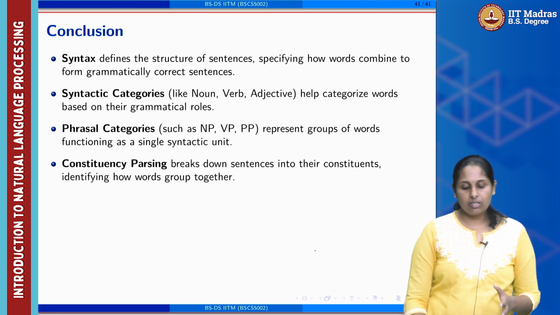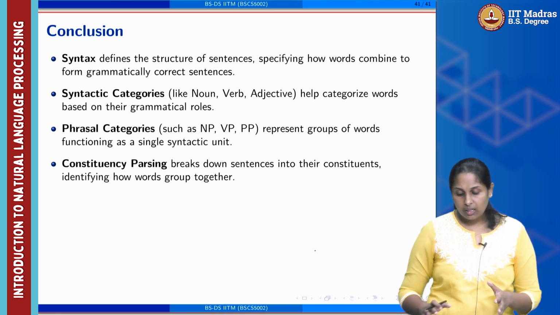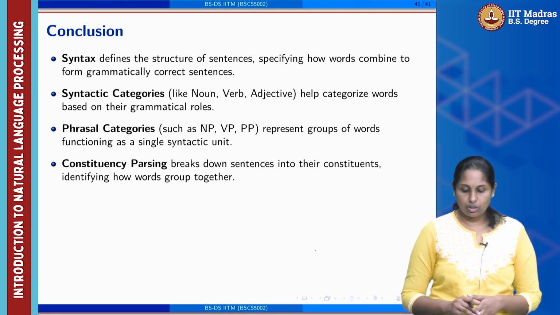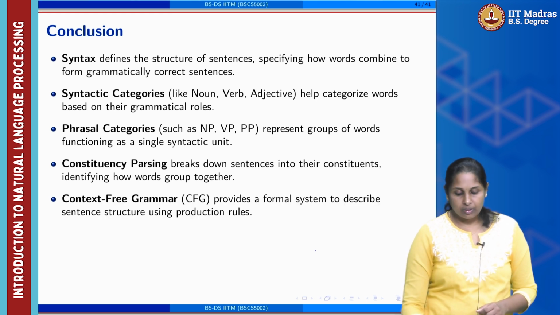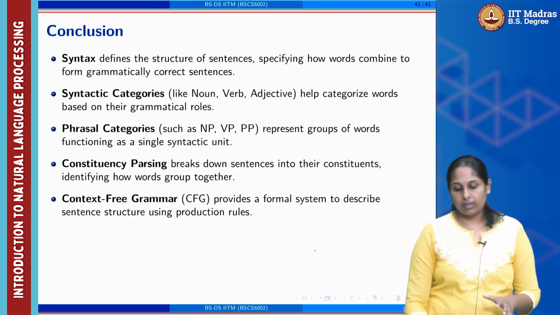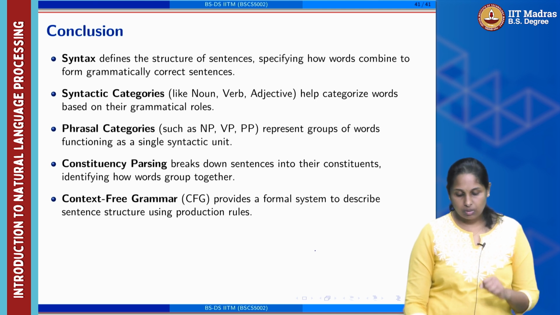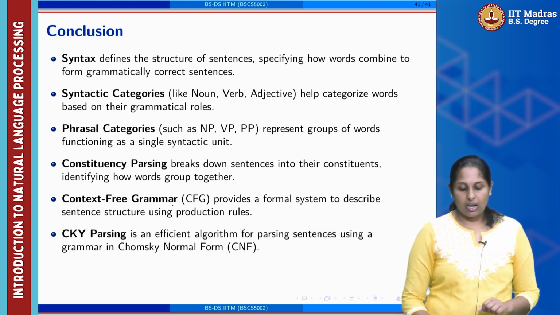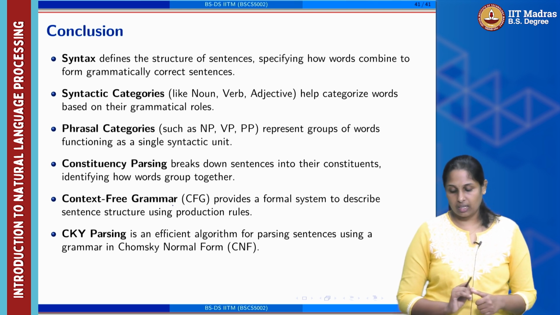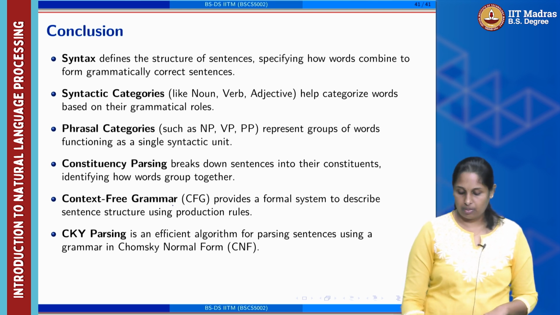Constituency parsing helps us break down sentences into their constituents so that we identify how words are grouped together. Context-free grammar gives us a formal system to describe sentence structure using production rules. CKY parsing is an efficient algorithm for parsing sentences using the CNF format.